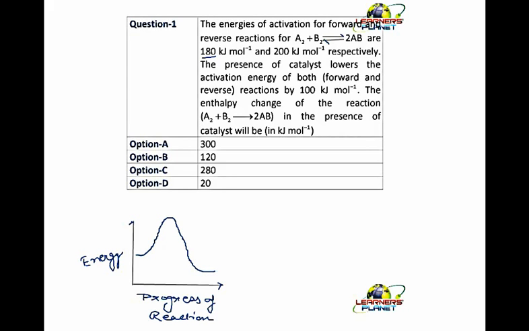So this is your E forward, that is, if I draw a line over here, this thing is E forward. And this particular thing is the energy of the backward reaction, right?